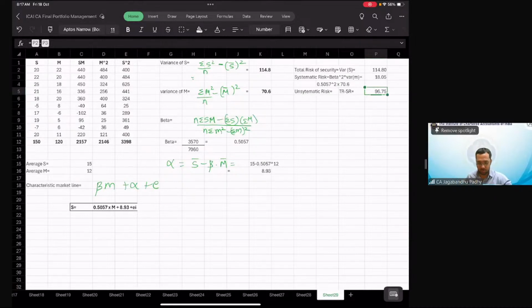Chalo, great. So that completes our Sharpe single index model conceptually, and also we've done a couple of questions on that. Now we will have to look at the other implications of this, right? So let me do some derivation for you with regards to the other implication, and then we'll do a particular question on that.